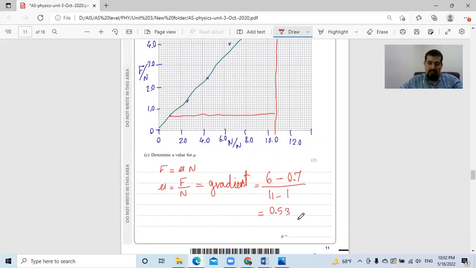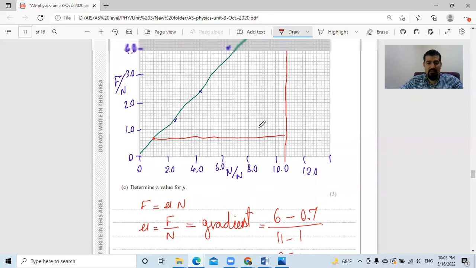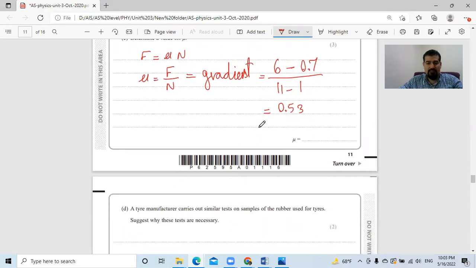I'm not accurate. I didn't draw it as accurately as possible, so I'm out of the range and maybe I'll lose a mark. But in your drawing, you'll be more accurate than mine because I'm not drawing on paper, I'm drawing on a pad. Good. Any question? Is it clear?